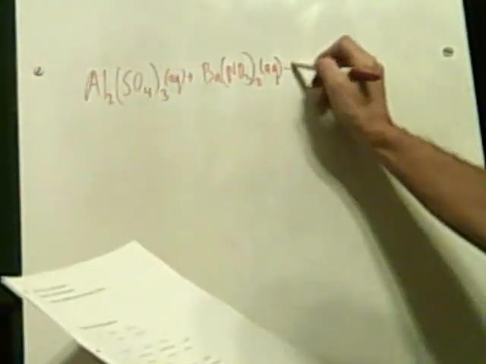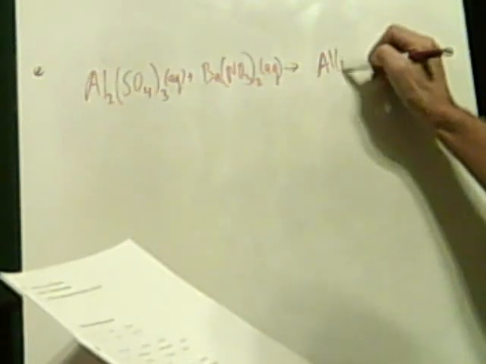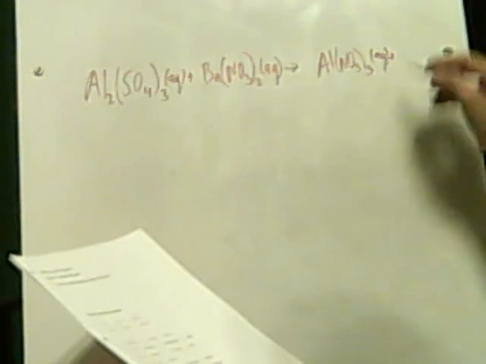That's going to produce aluminum nitrate, which is also dissolved. And it's going to produce this barium sulfate, which is a precipitate.